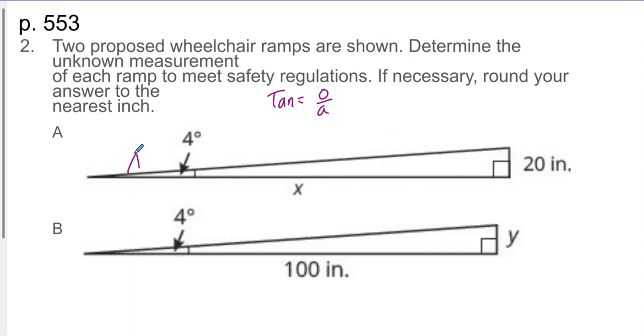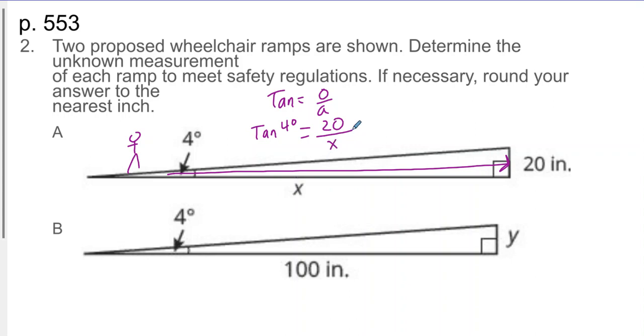And I'm standing right here at 4 degrees. So the tangent of 4 degrees equals, well, if I'm here, opposite side is this one, 20, over adjacent side of x.